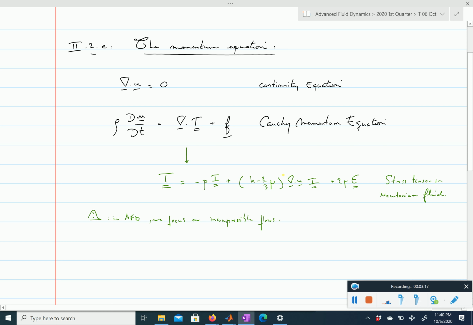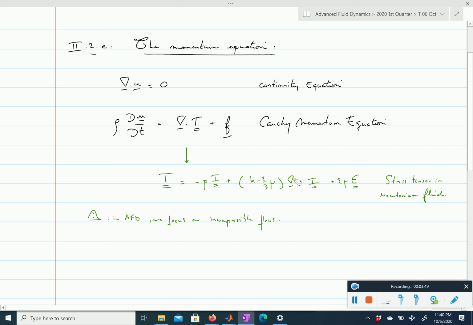One thing which is important to note is that the bulk viscosity only comes into the constitutive relationship when the divergence of u is non-equal to 0. And remember that this divergence of u represents how a material element expands, or how a material element compresses if this divergence field is negative.